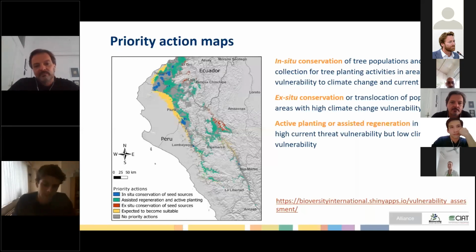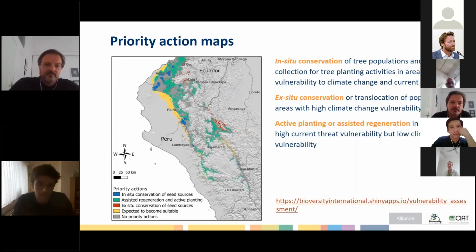So we assumed that this high vulnerability to current threats means that the area is probably more degraded and therefore more in need of restoration, whereas the low climate change vulnerability is mainly meant to simply ensure that the tree species that you're protecting or planting on the site can still persist under climate change.